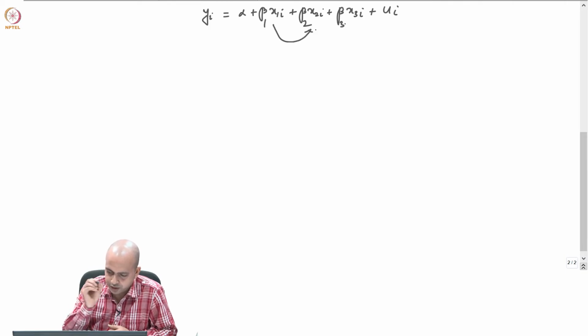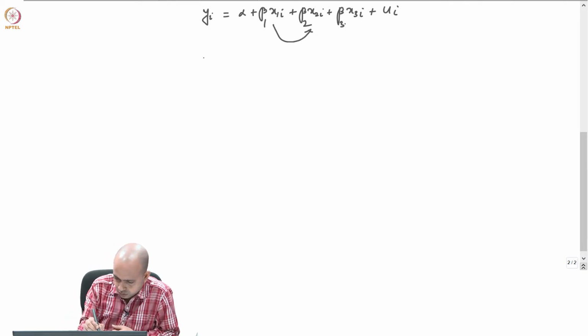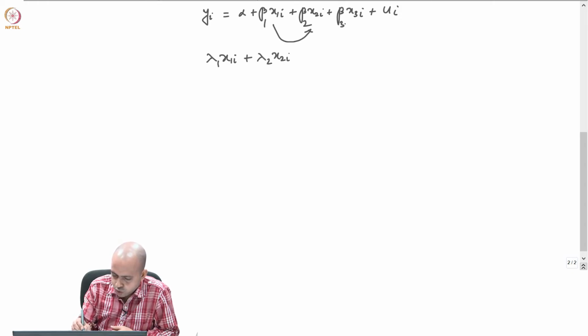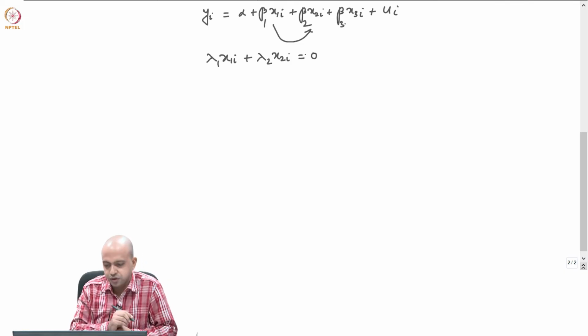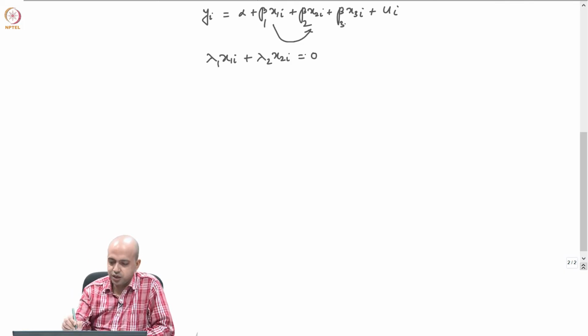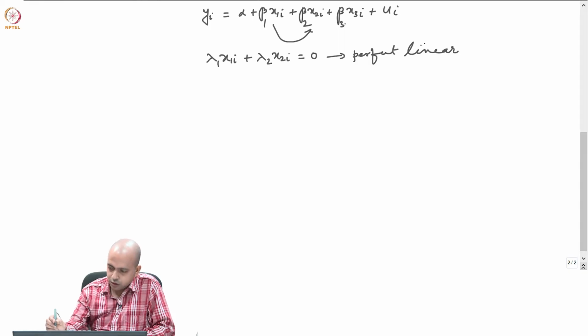Then lambda_1 x_1i plus lambda_2 x_2i equals 0. This is called a perfect linear relationship.